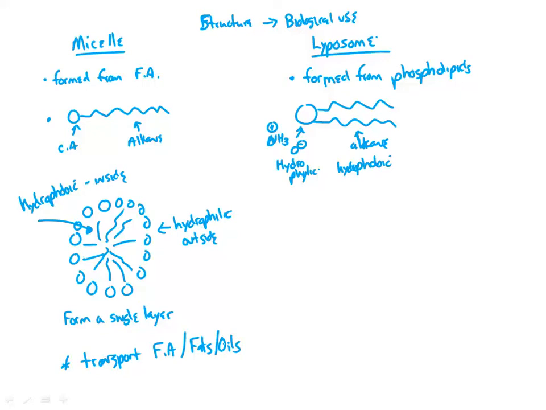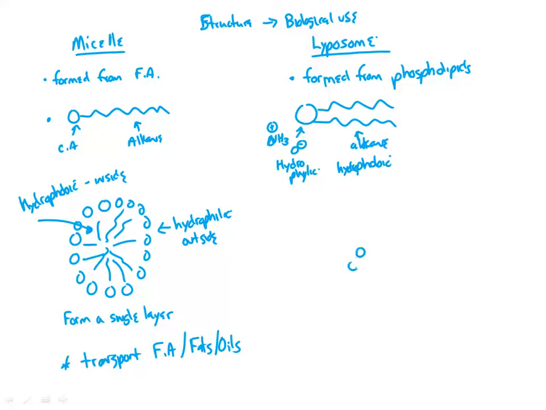So normally these fats and oils, they don't dissolve very well in just liquid. So if you're trying to transport them around the body, and remember, this is our energy supply, this is where the body gets its energy from, then we have to actually pack them up inside these liposomes, or I'm sorry, inside of these micelles, so that we can transport them through the blood and then into the cells. Whereas if we take a look at liposomes, what we get is a double layer.